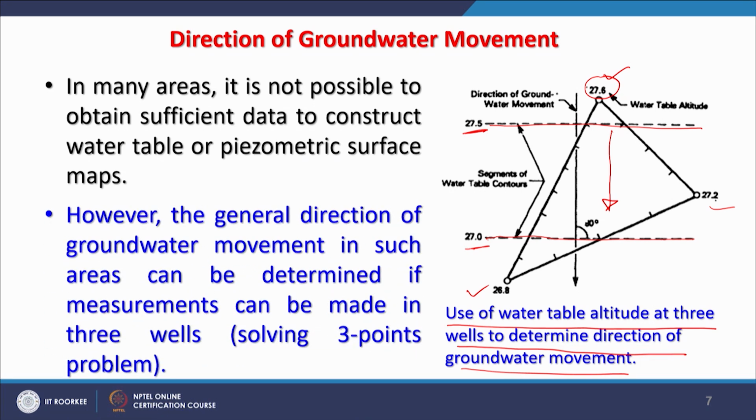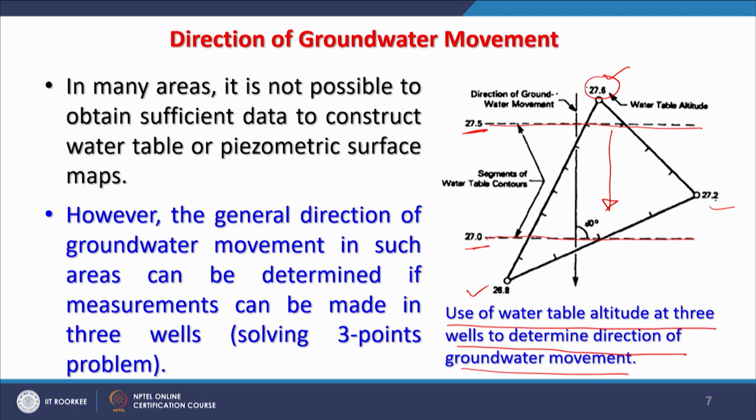However, the general direction of groundwater movement in such areas can be determined with measurements made in 3 wells, and as I have just mentioned, by solving the 3-point problem. This 3-point problem is useful in many cases where we do not have continuous observations and we do not have any observation whatsoever in the central area.